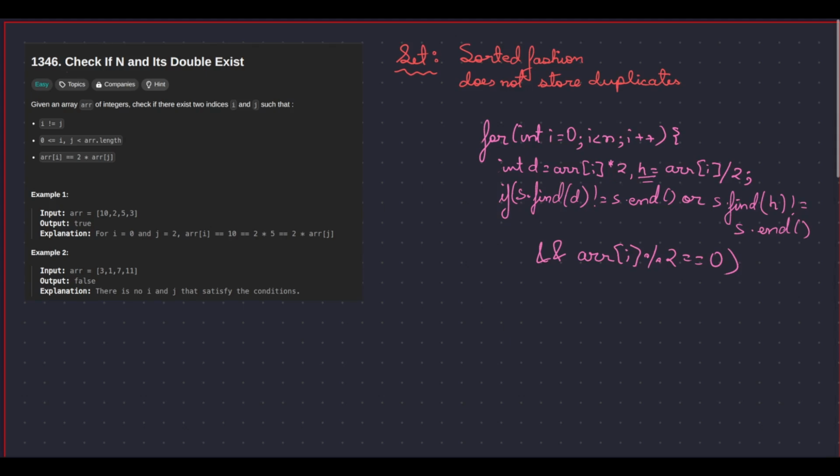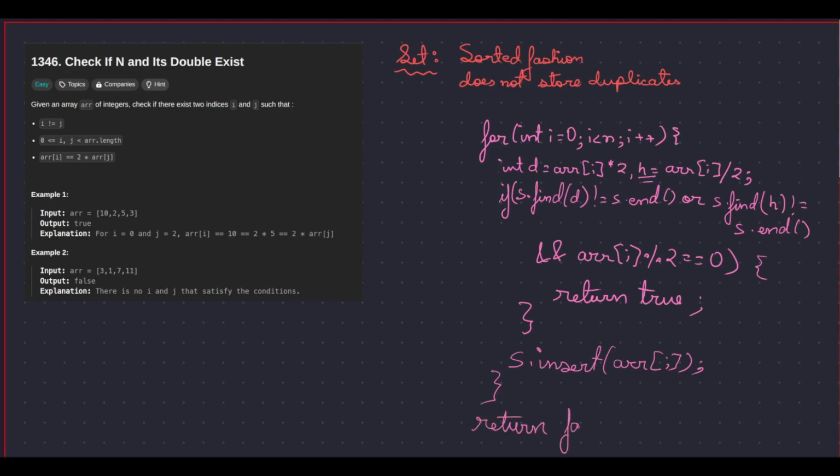In this case we'll return true. Otherwise what we'll be doing is we'll be adding the element within the set. So s dot insert arr of i. Else what we can do is, if it does not find any element, we will return false. That's how you do it.